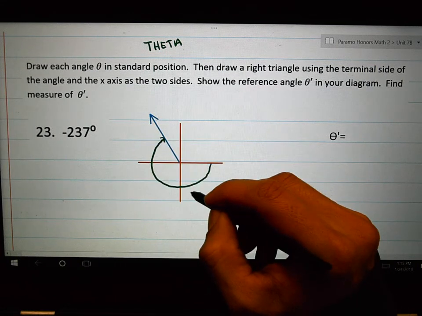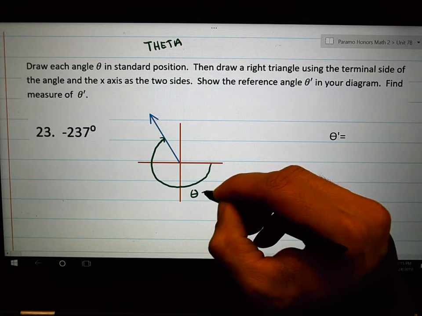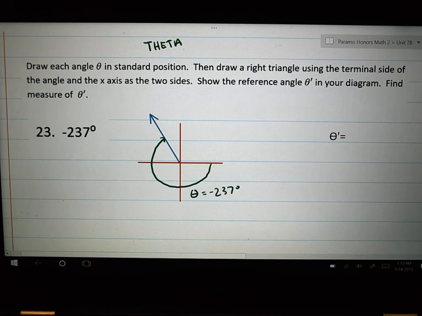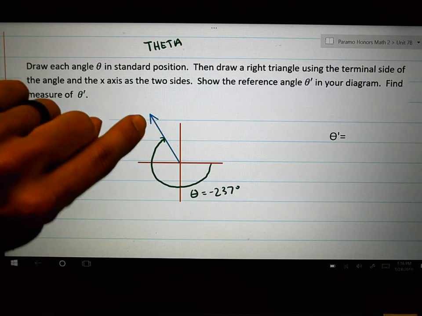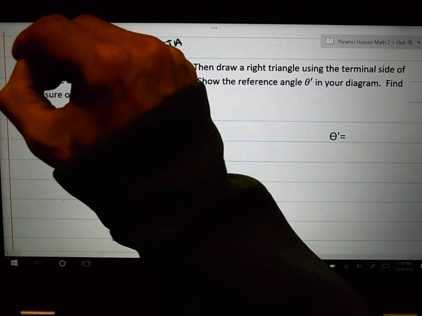This is my angle theta. It's negative 237 degrees. Draw each angle in standard position. This blue ray is the answer to call this part A.